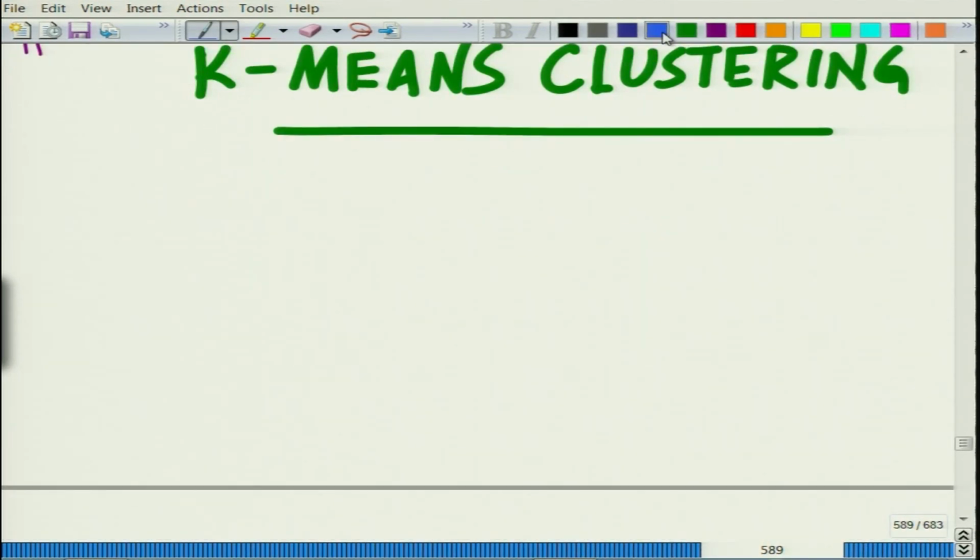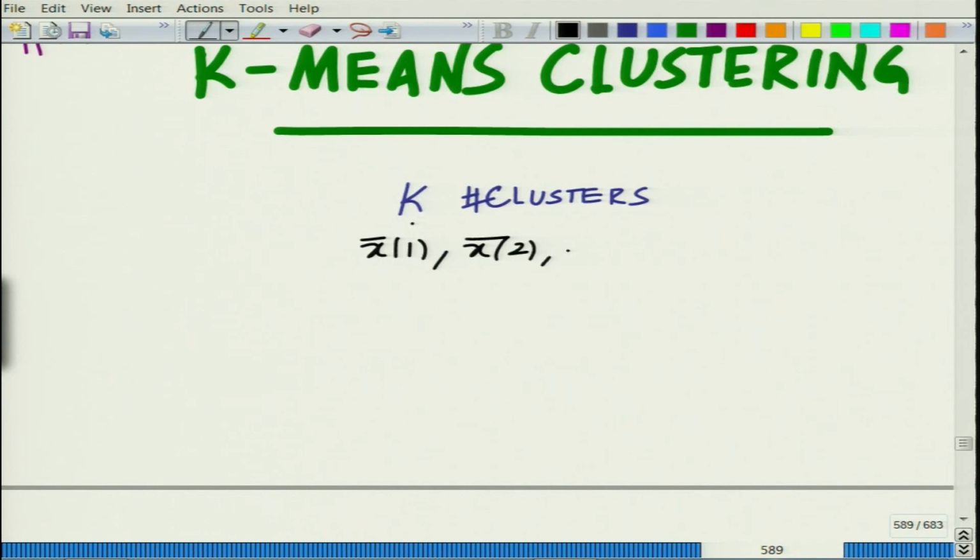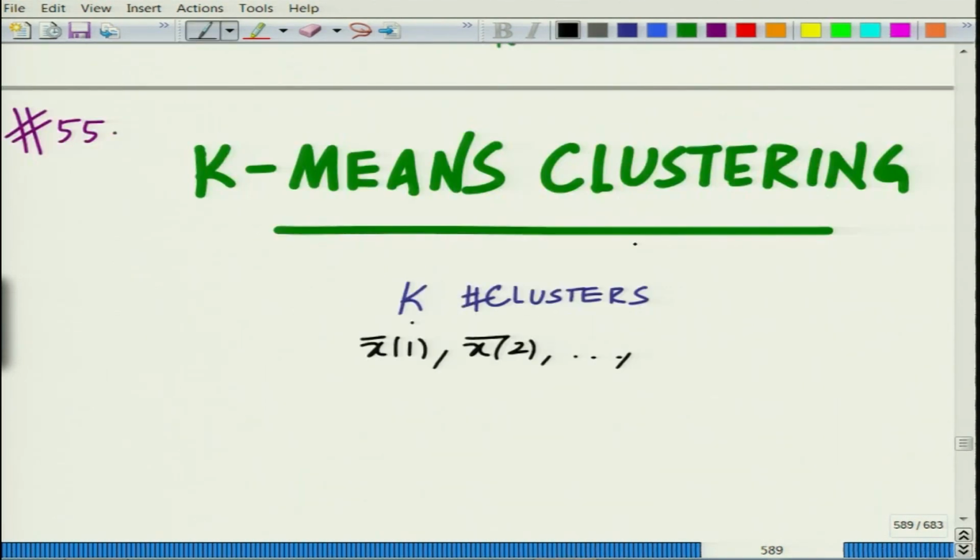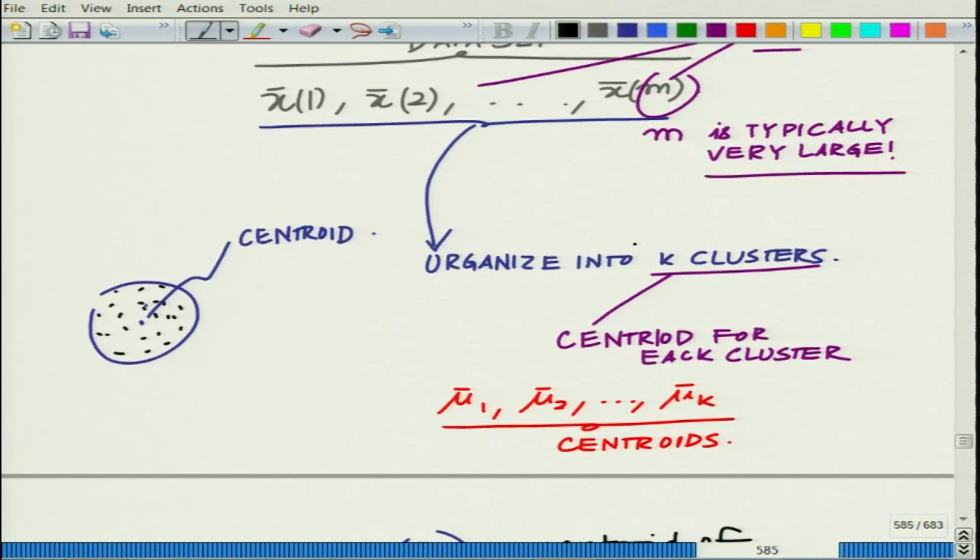And remember, the idea here is that k is the number of clusters, and remember we have the points x1 bar, x2 bar, up to, I believe, x bar m. This is the number of points, right.